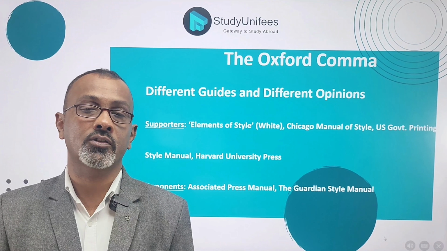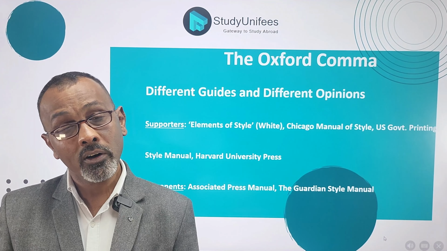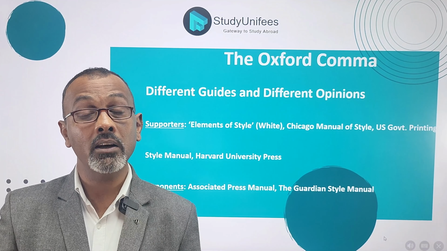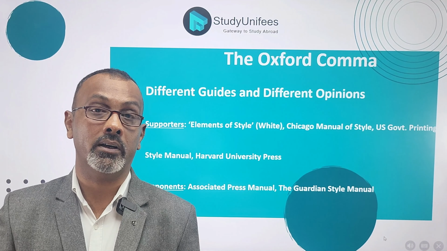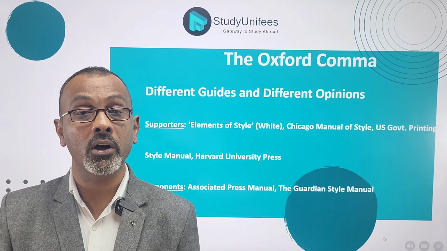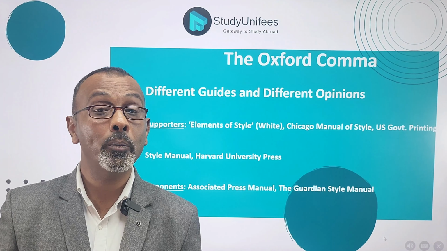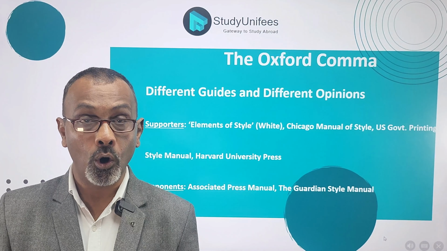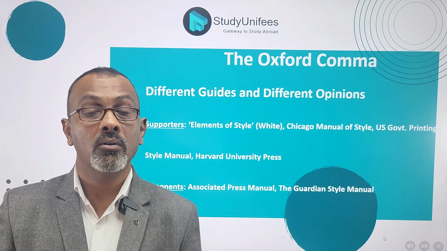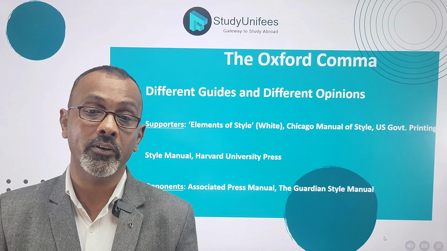Now we come to the Oxford comma. We have already understood when it is optional. Now let us understand when it is absolutely necessary. Using the Oxford comma becomes essential when without it there would be ambiguity, or two meanings or more than two meanings would apply to the sentence that has been written.